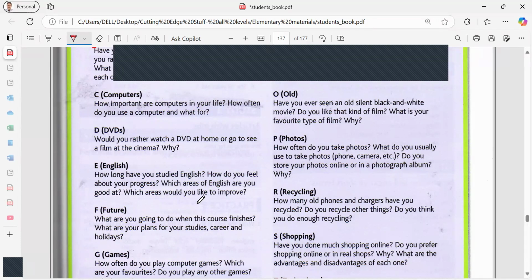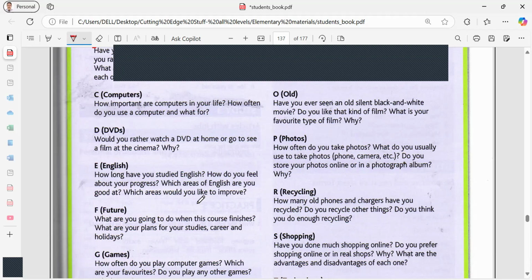When the course finishes, I will read more and listen more to English things like videos or reading a book, to be better in English than right now.